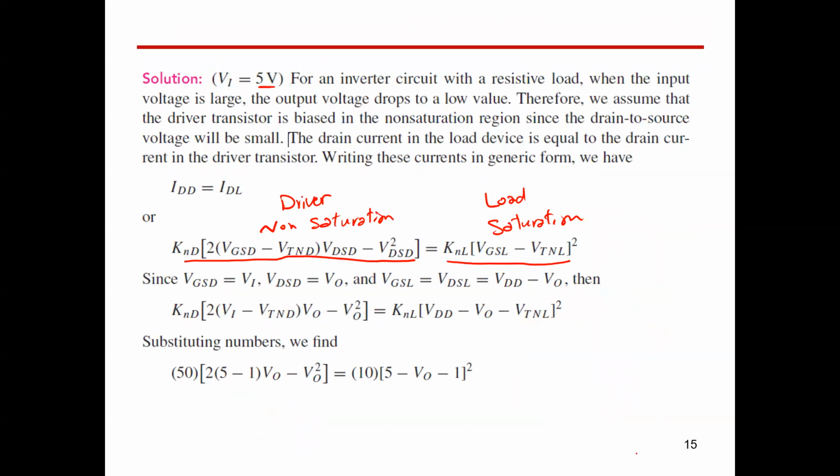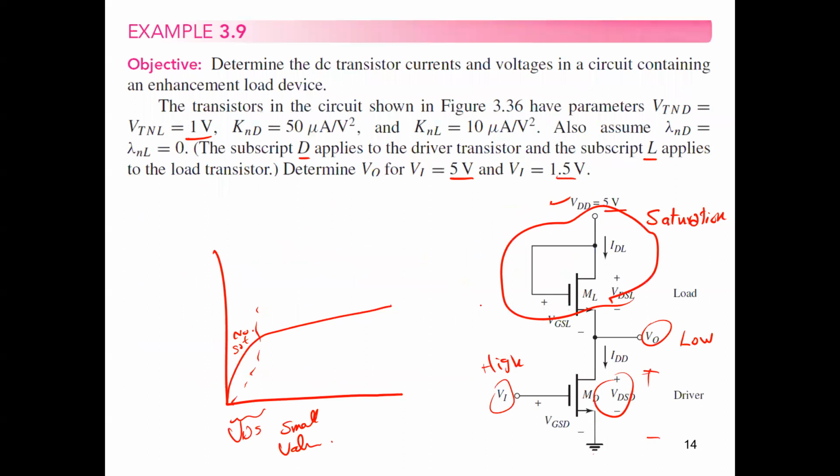So substitute in our equation here, and also know that for the load, we have gate to source volt equal drain to source volt all of the time, which can be obtained from the circuit here as VDD minus V out. As you can see, this volt here, VDS of our load, equals 5 volt minus the output volt, or VDD minus V out.